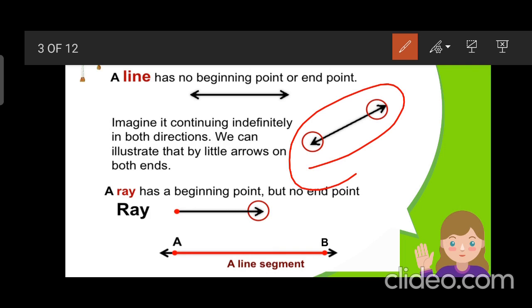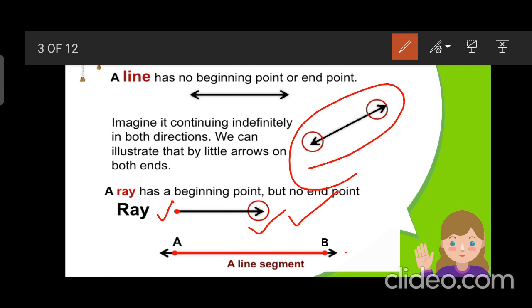Next comes a ray. A ray has a beginning point but no end point. As you can see, here you have 1 point, which means a ray has a beginning point. Whereas what about the end point? It does not have any end point, as you can see in this diagram with the arrow mark. What about a line segment?